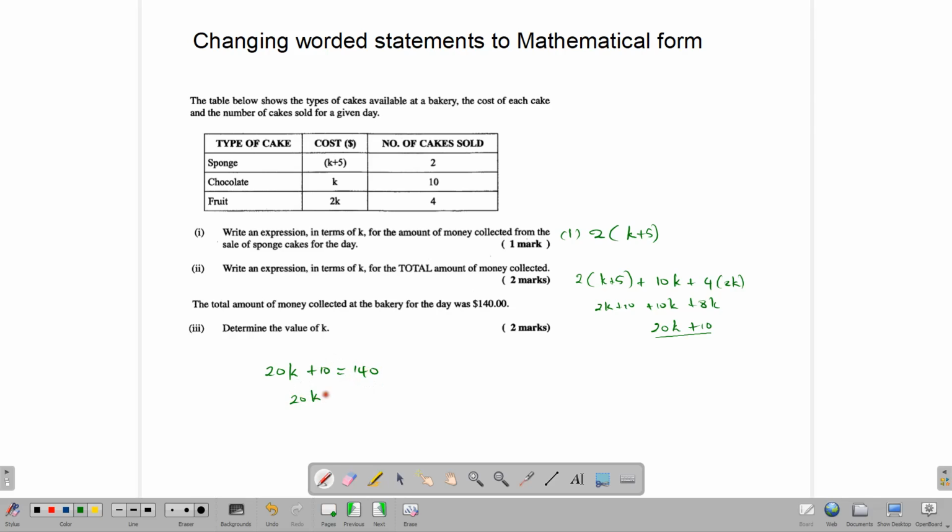So 20k is equal to 140 minus 10, which means 20k is equal to 130, which means now that k is equal to 130 divided by 20, which is 6.5. Or because we're talking about money, $6.50.